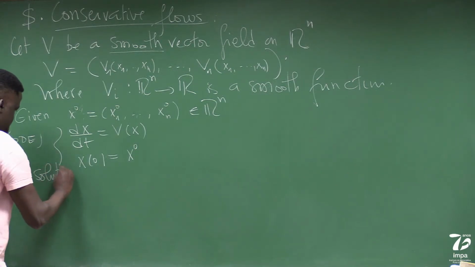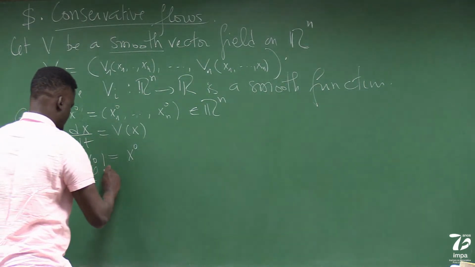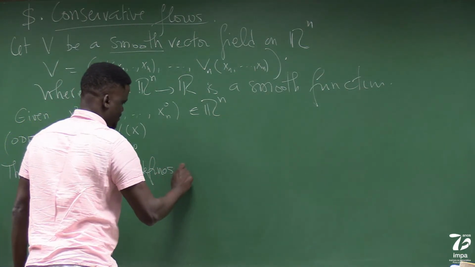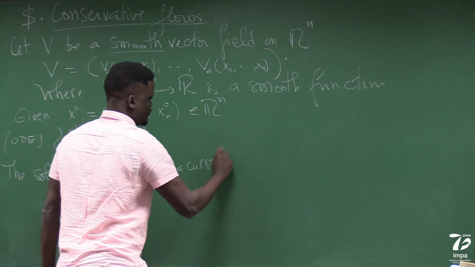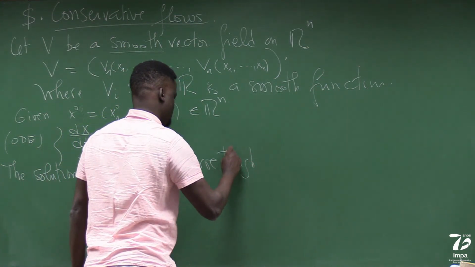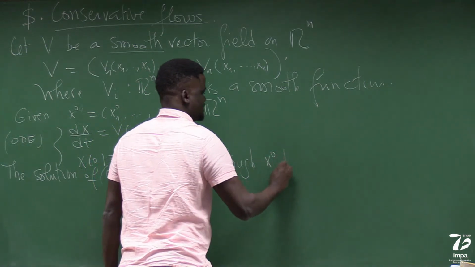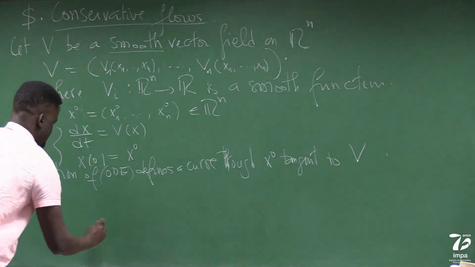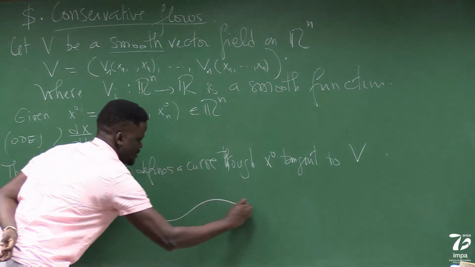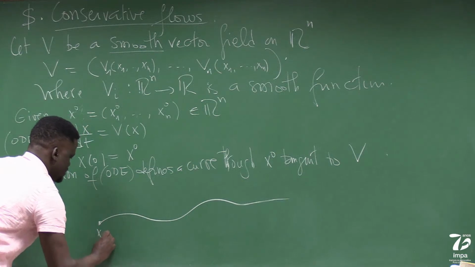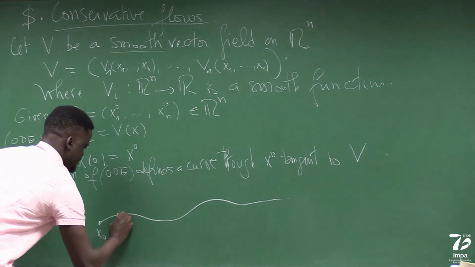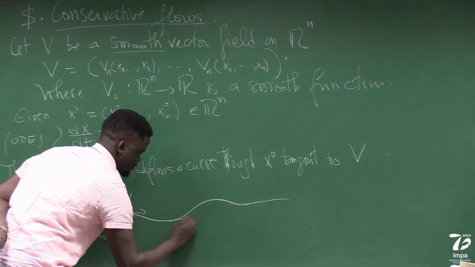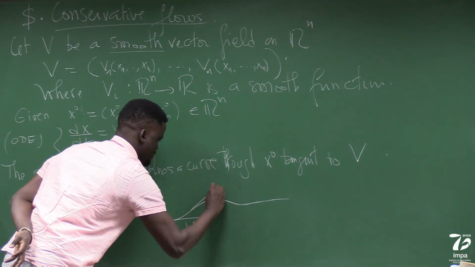The solution of the ODE defines a curve through x naught tangent to V. This means that, this is x naught, and the vector V is tangent to the curve everywhere.